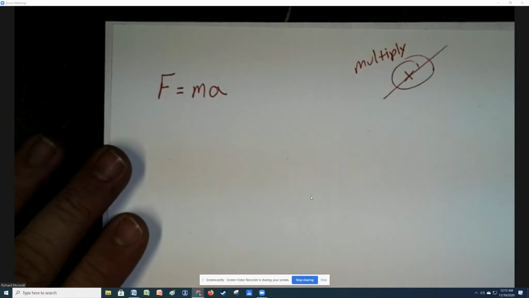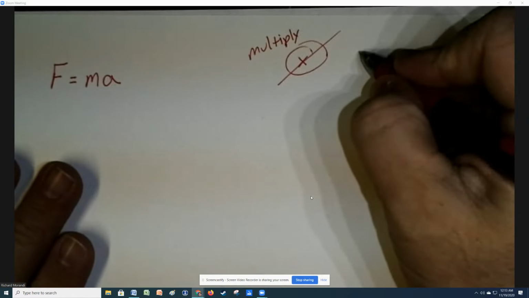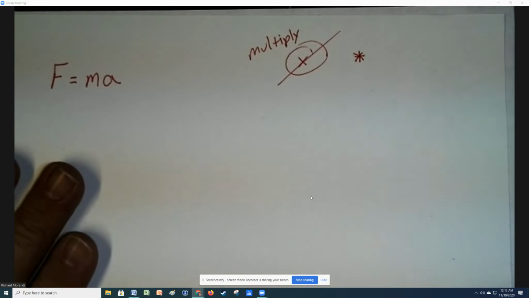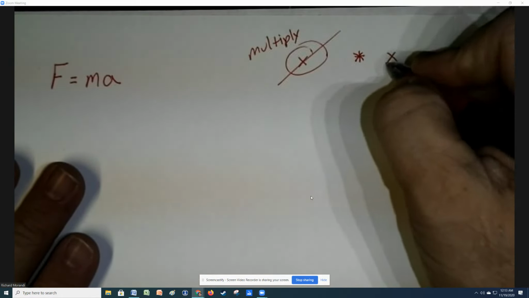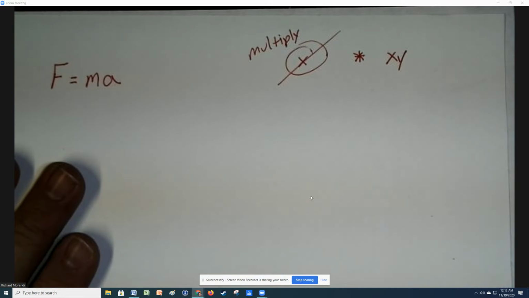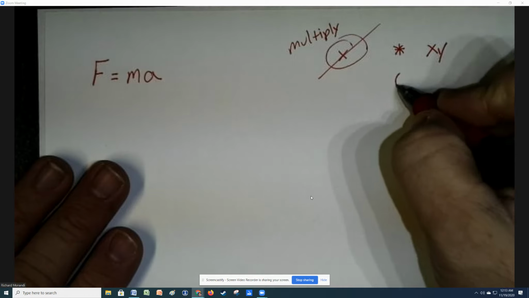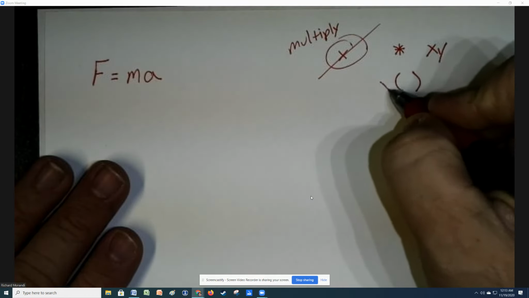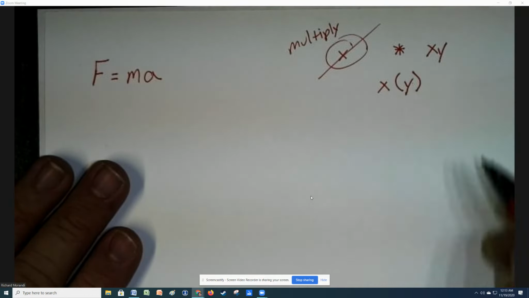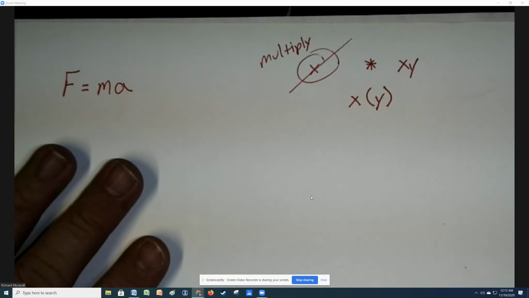So for multiplying, we don't do x's anymore, okay? You can do an asterisk. You can do 2 variables right next to each other. That means multiplication. You could do a number in parentheses and a number outside of the parentheses. That means to multiply them. You could do a dot.